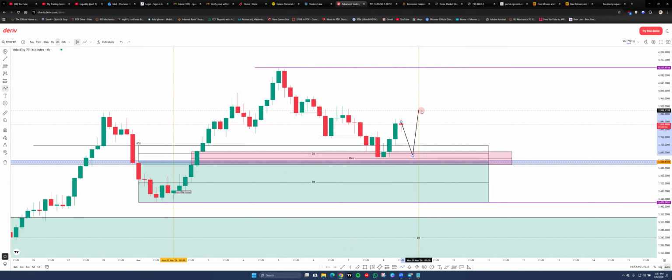When it breaks structure, then I'll see what kind of structure, how did it break it. Then we probably will look for an entry within this whole point of structure to take it as a buy, right? So that's what we have for the week.